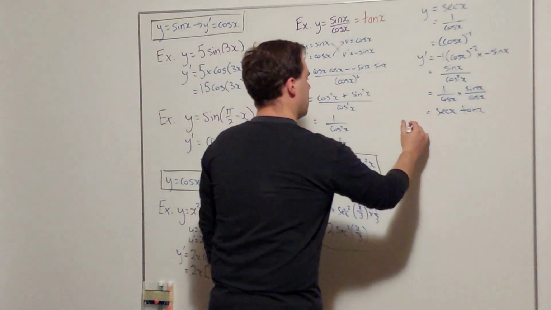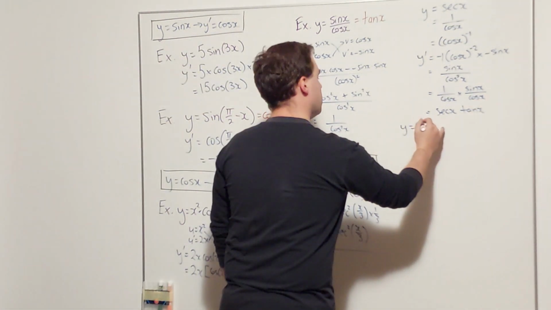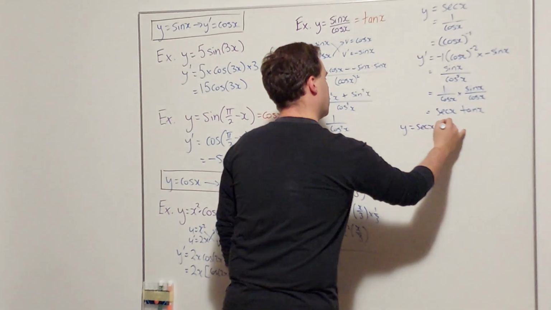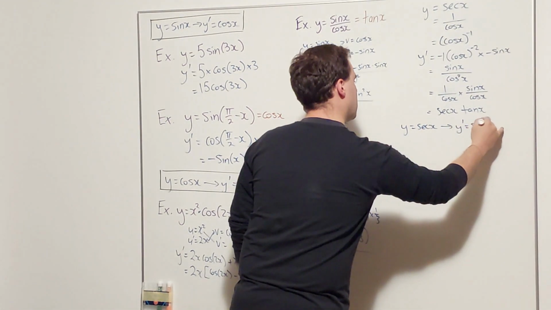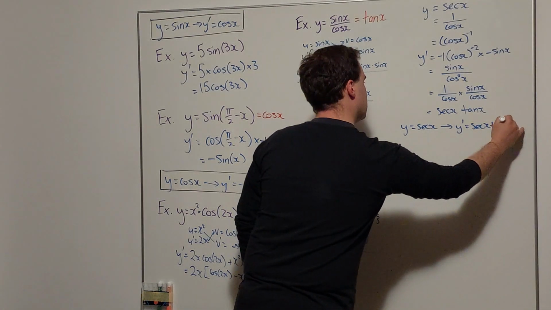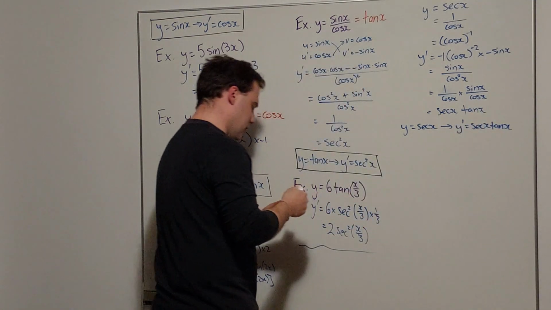Alright, so that means we've got another rule, which is that sec x will differentiate to sec x tan x.